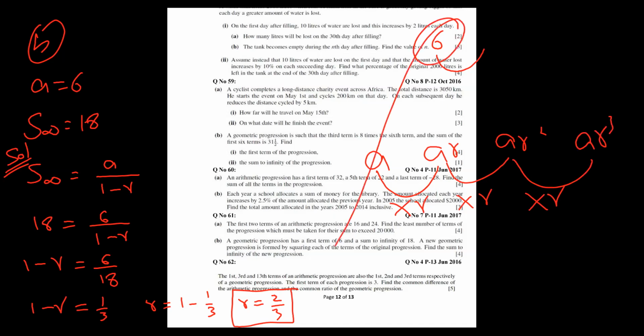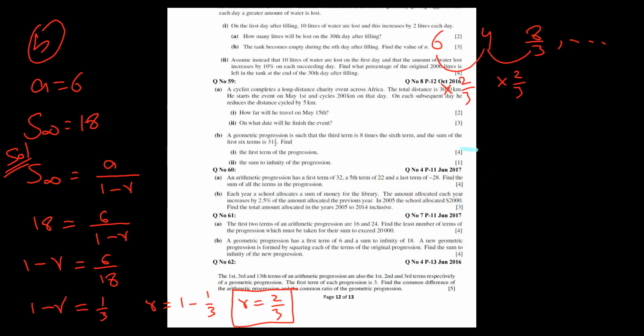So 6 times 2 by 3 becomes 4. Again, 4 multiplied by 2 by 3, I got 8 by 3. Okay, and proceed onward. I will not waste your time. There is no need to do further. Okay, all right, so this is very clear.